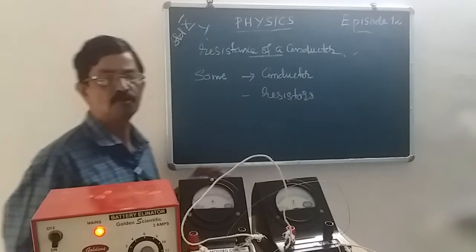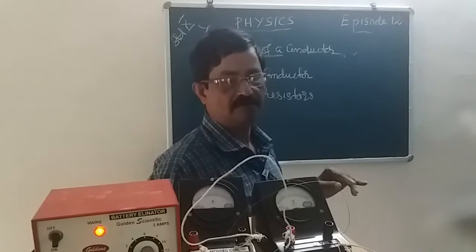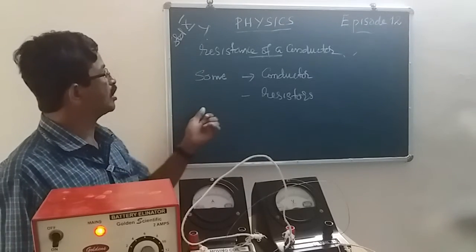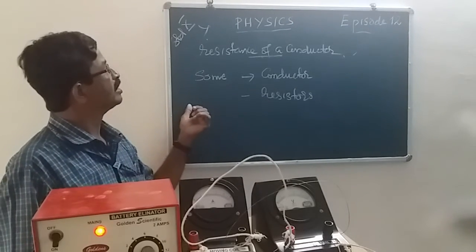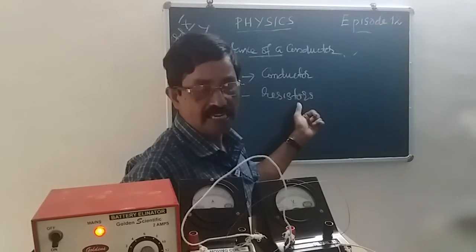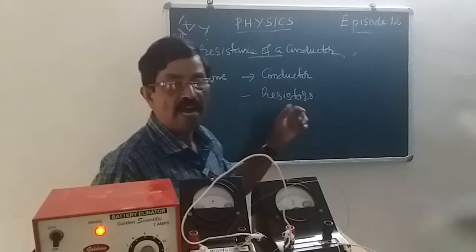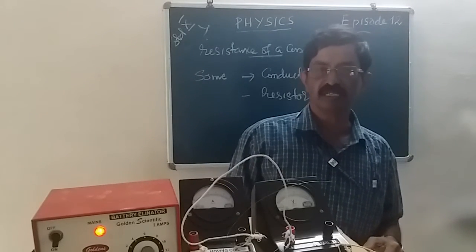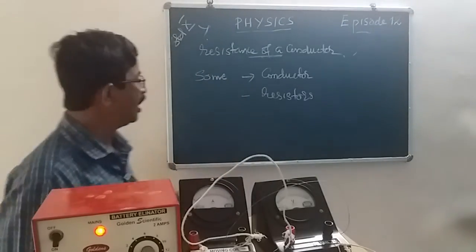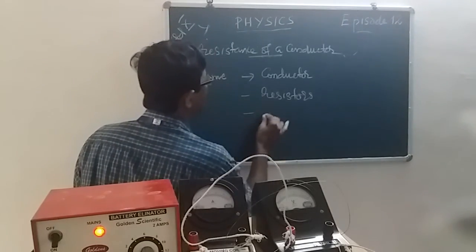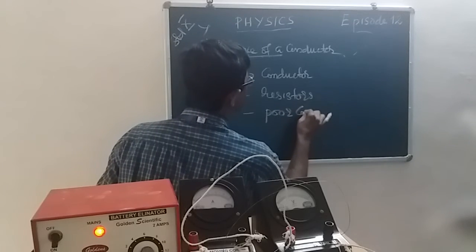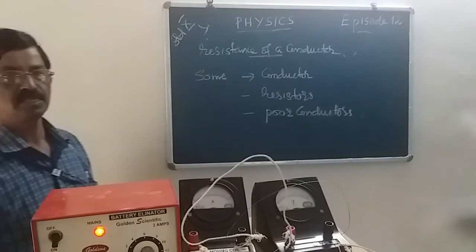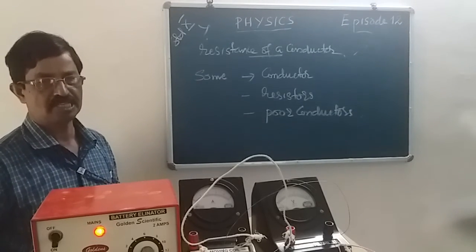Resistors. That means when current flows through the metal, the atoms in it oppose the flow up to a certain extent, and such materials we call resistors. Some other materials offer more resistance, and such materials are called poor conductors.